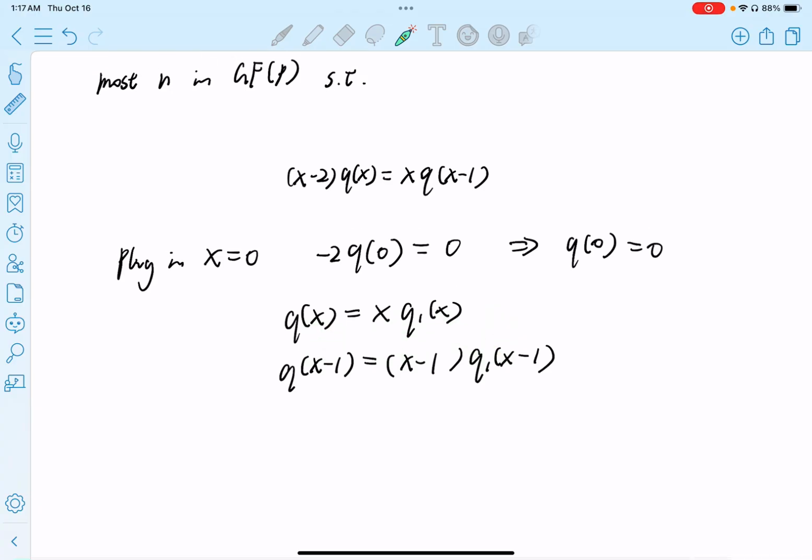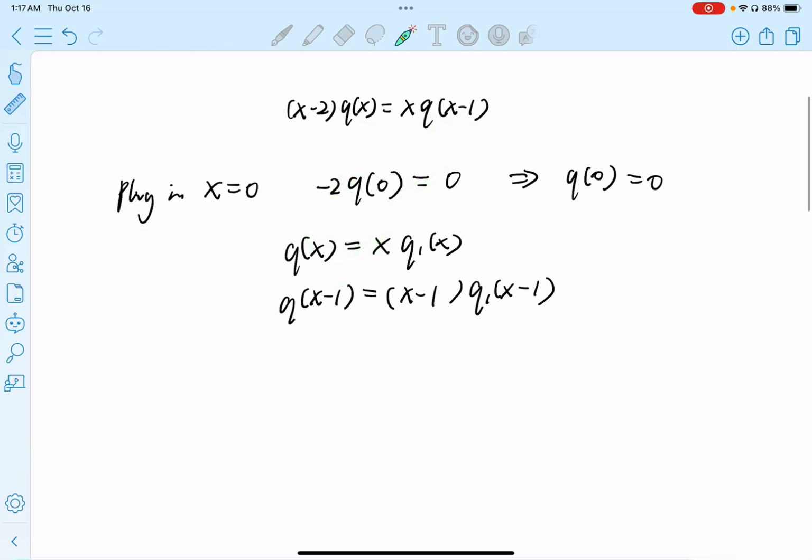Then we can plug x and x minus 1 into the original formula. Since we are factoring out a root of the original q of x, we can replace q of x with x times q1. This gives us x minus 2 times x times q1 of x is equal to x times x minus 1 times q1 of x minus 1.